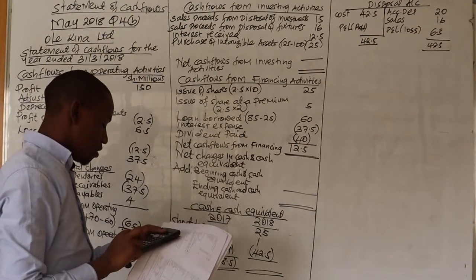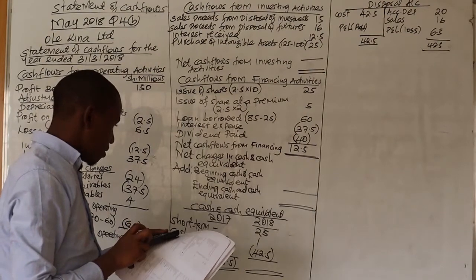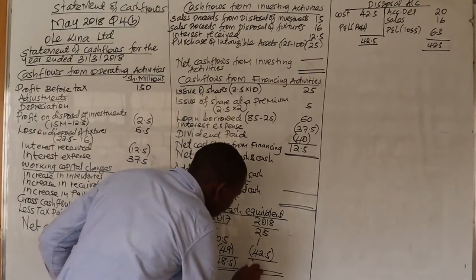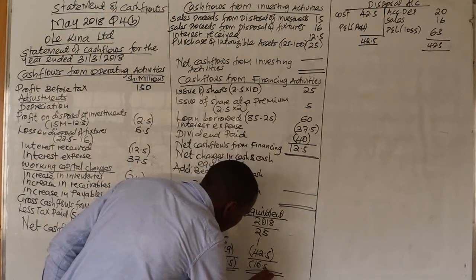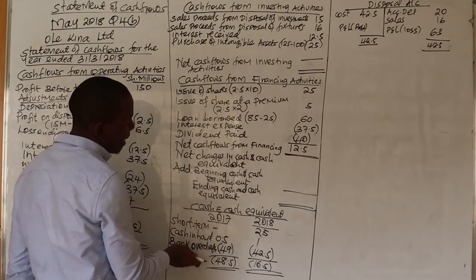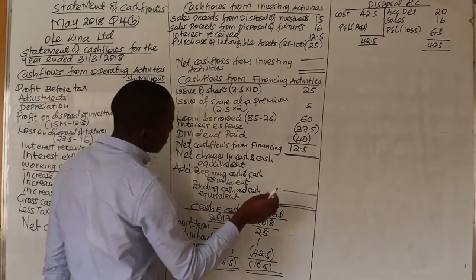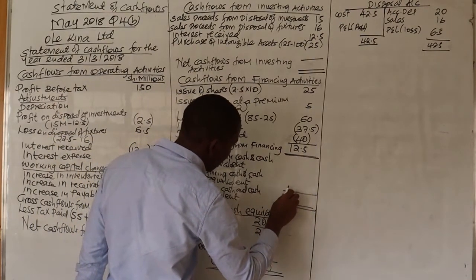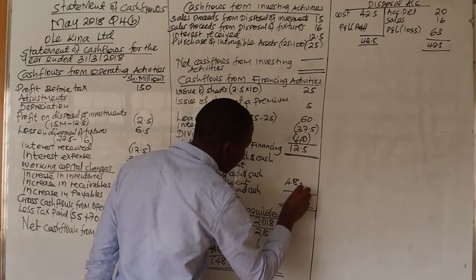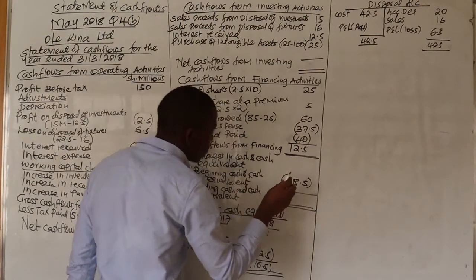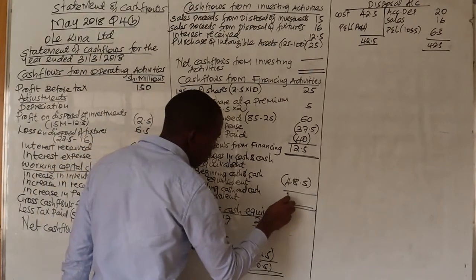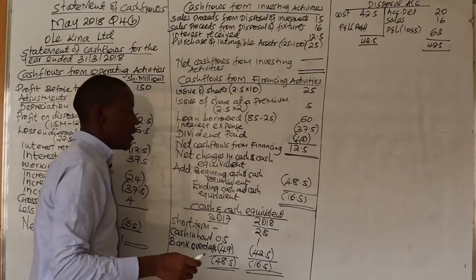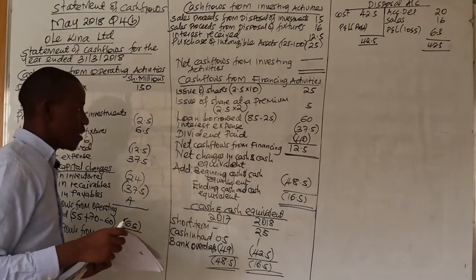And that one, 26 minus 42.5, is negative 16.5. So the beginning, which is 2017, beginning cash and cash equivalent should be negative 48.5, which should give us the ending once you add the net cash and cash equivalents.